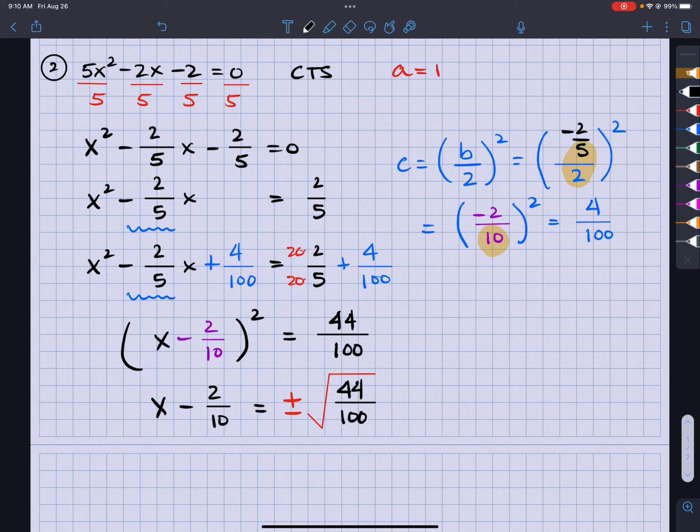With that being said, now I got to solve for x. Can I break down the square root of 44? I can. The square root of 44 is 2 times 2 times 11. So let me go ahead and write that.